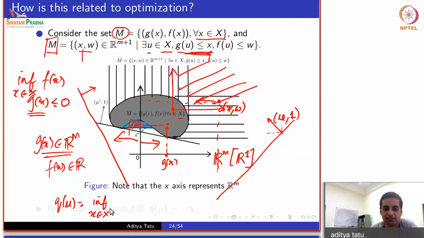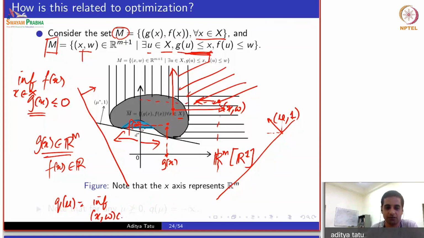It's the infimum over x in X of f(x) plus mu transpose g(x), or in terms of the set M, geometrically, what does this mean?